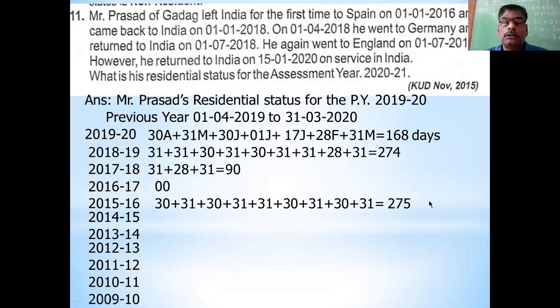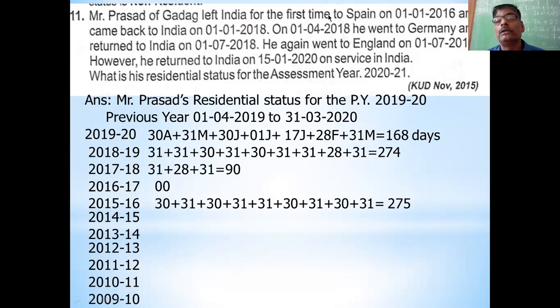This is the journey history. And before this, what is the position of that person? What about 14, 15, 13, 14, 12, 13, 11, 12, 10, 11, 9, 10? What about these years? You see here, Mr. Prasad left India first time to Japan on 1/6/2016.